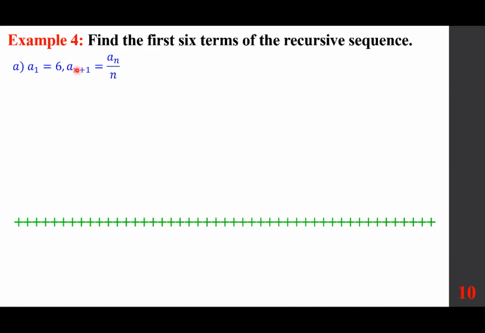Or you can set n plus 1 equals 2. If you set this one equals 2, and you solve for n, it becomes 1. So a sub 2 is a sub 1 over 1, 6 over 1.